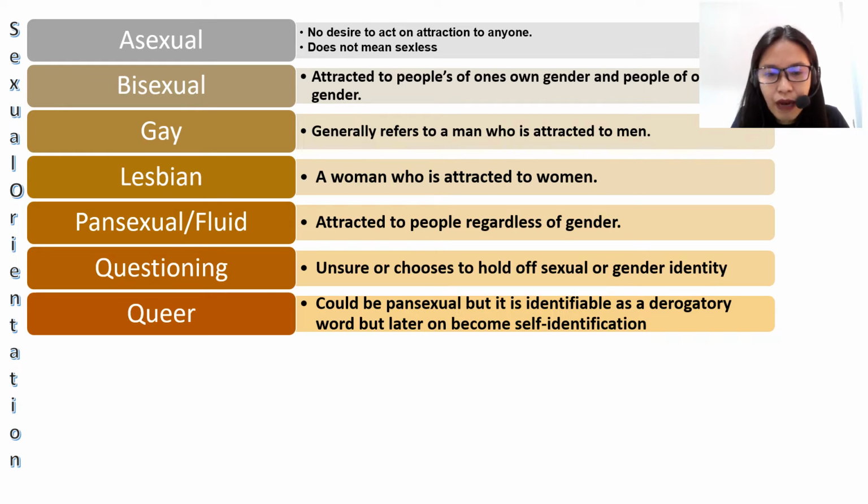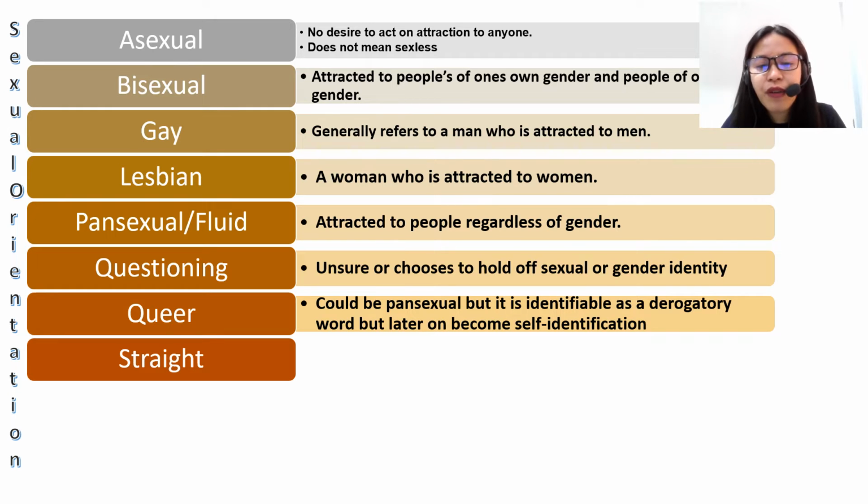However, there are actually researches that pinpoint that a queer could be a pansexual because they have been identified to have a self-identification themselves. But for us, in order for us not to demean those people, maybe we should avoid using the word queer, because yeah, it could be a derogatory for them.